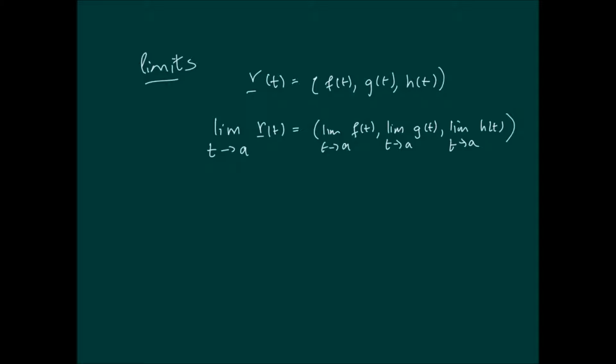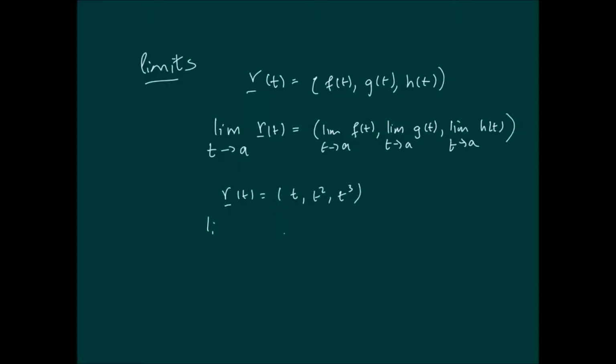And of course, the standard definition of the limits applies. I'm not going to look at the epsilon-delta definitions that you might find in the textbook. All I would say is, let's look at a quick, very simple example: r(t) equals t squared and t cubed, for the sake of argument.